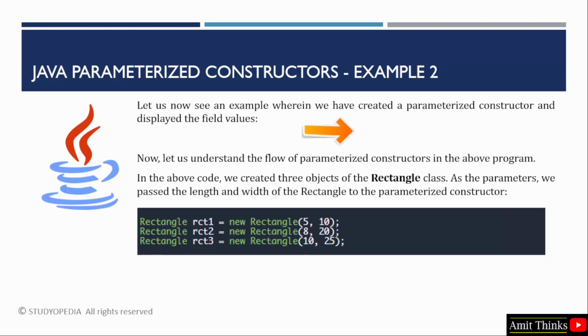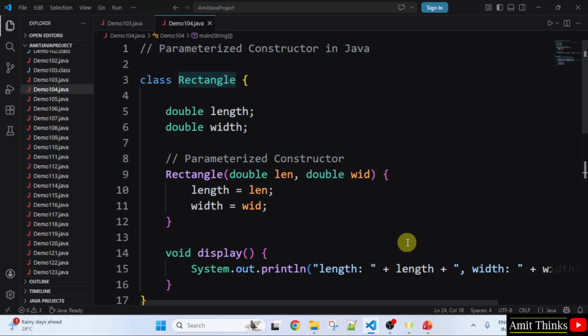Here is our example 2 in which we will create 3 objects. Because we wanted to pass different values, we created a parameterized constructor. Here we will create 3 objects and pass the length and width values as arguments to our parameterized constructor. Let us see the example. Here is our parameterized constructor example.